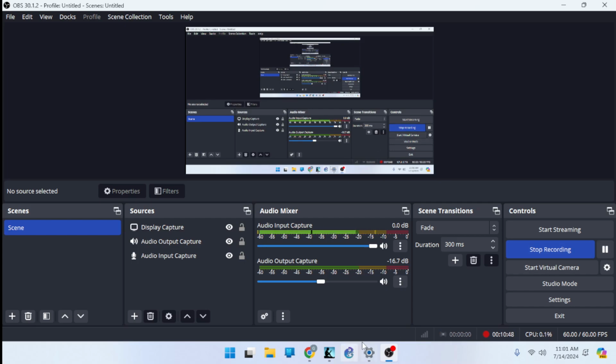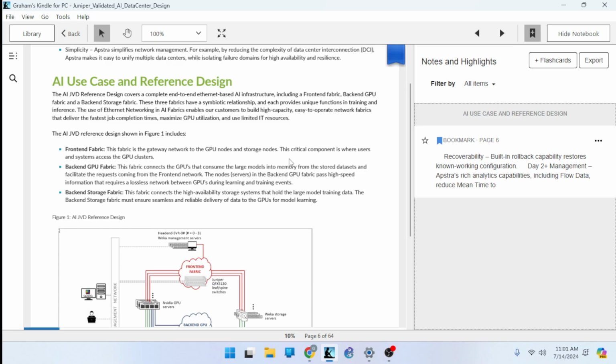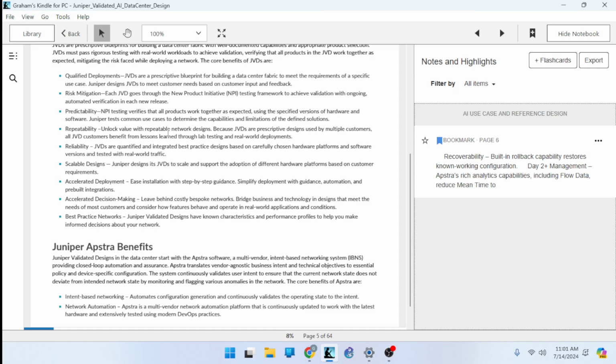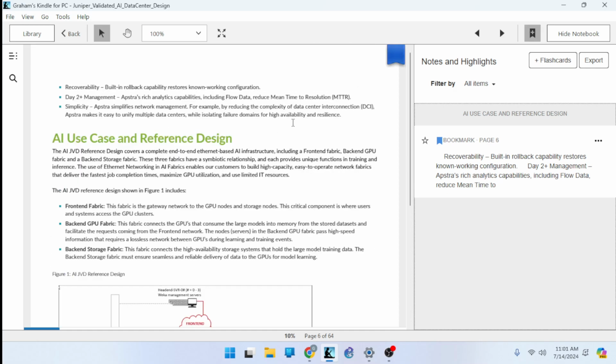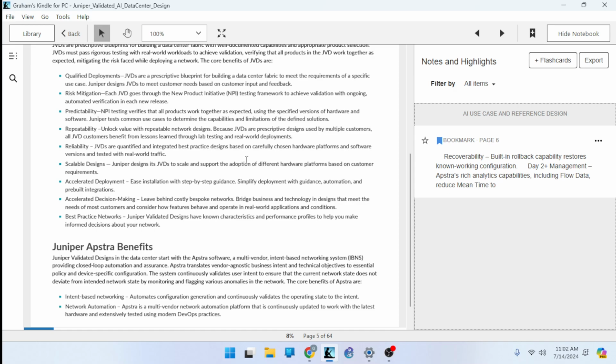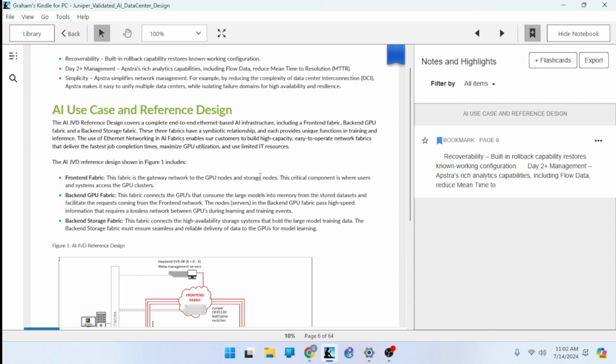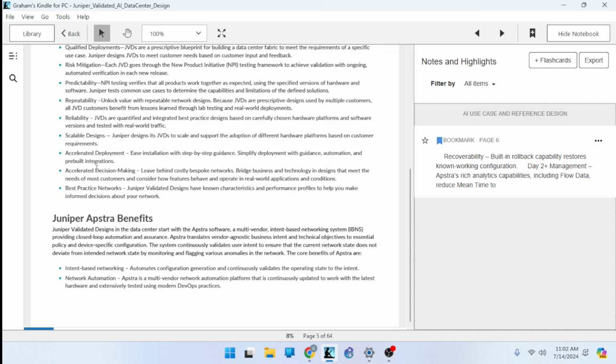All right, I'm back. Kind of a rough morning this morning, but we can make some progress here. So the next section is AI use case and reference design. And I don't remember anything about what I read in the last one. Oh, I do remember. Yeah, I don't remember anything. I don't even know if I made it this far. Let me read the prior section again because I don't know.